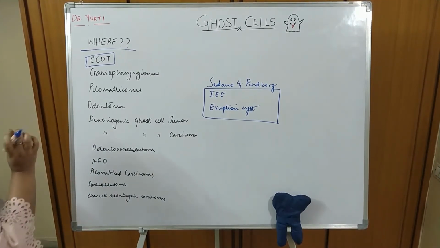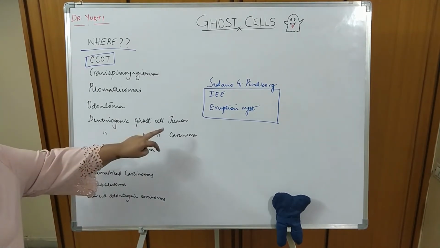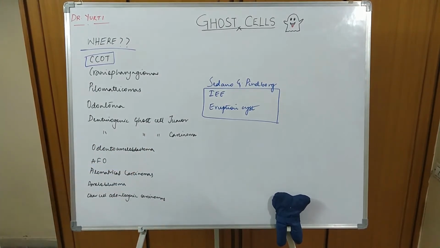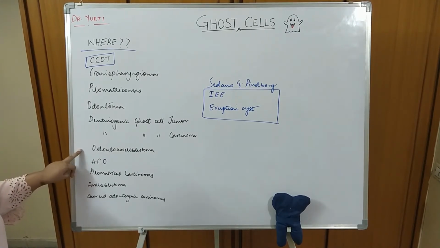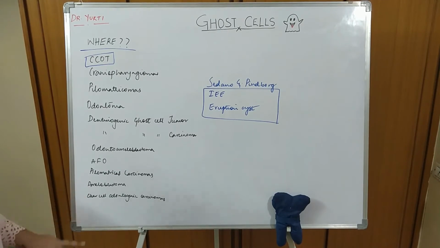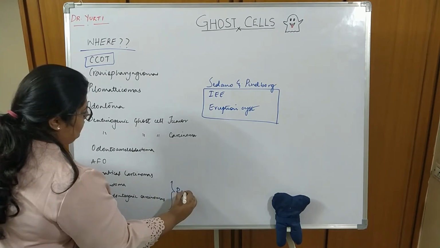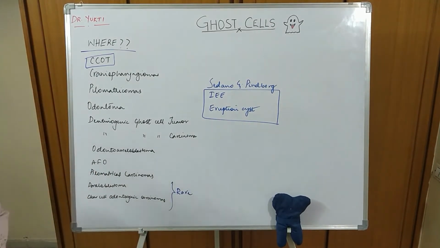Pilo means hair. Odontoma, dentinogenic ghost cell tumor, both benign and malignant. Odontoameloblastoma, ameloblastic fibroodontoma, and rarely it can also be seen in ameloblastoma and clear cell odontogenic carcinomas, but is rare.